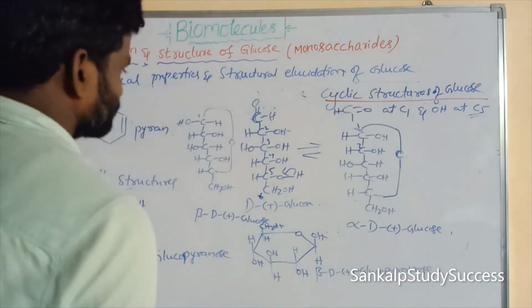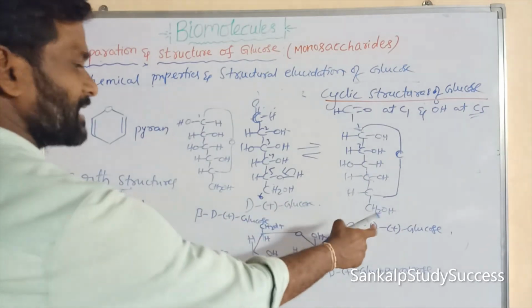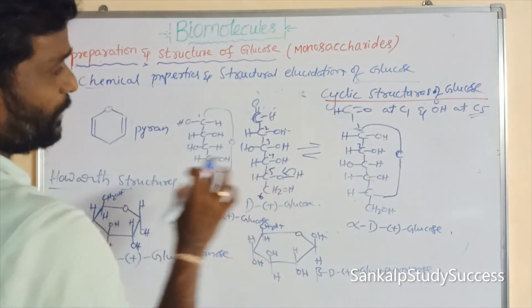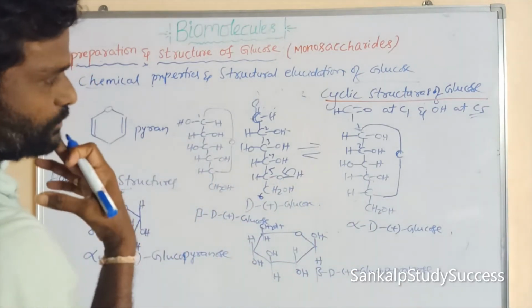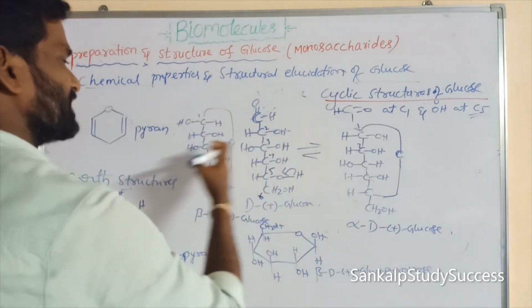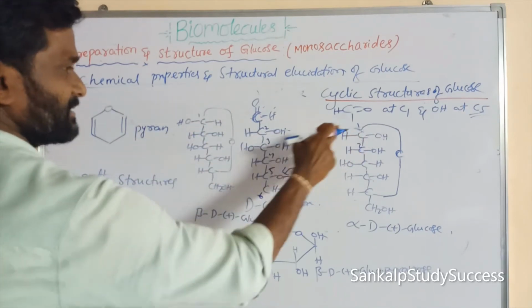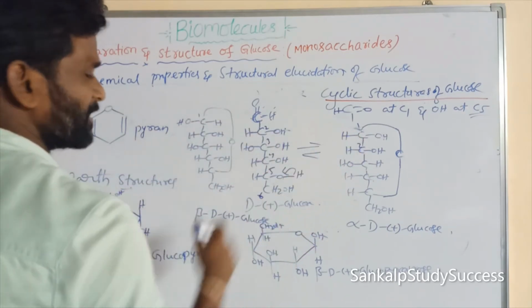Next, the alpha and beta D glucose. This is the alpha D glucose, this is the beta D glucose. These two are isomers but not enantiomers. Why are these not enantiomers? Because they are not mirror images, and they are not superimposable.